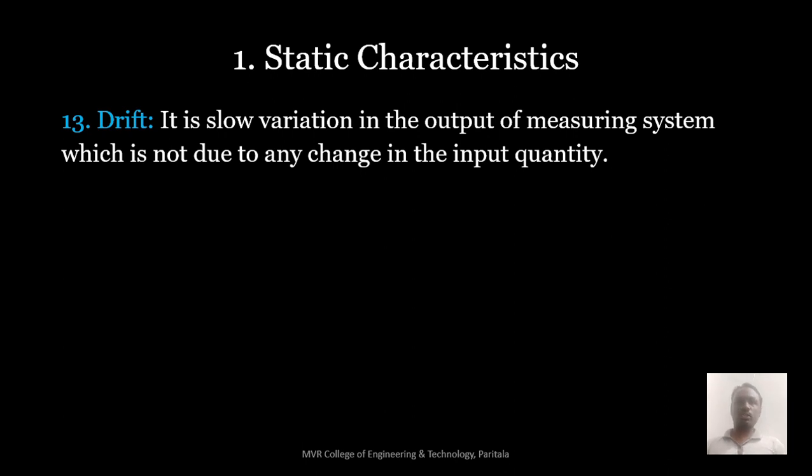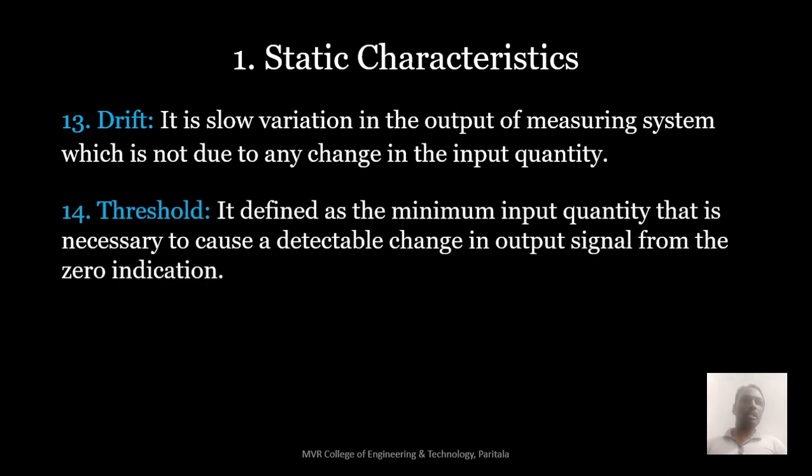Next one is threshold. It is defined as the minimum input quantity that is necessary to cause a detectable change in the output signal from the zero indication. What is meant by threshold? Let us take an analog meter, which is the best example. Let us give some very small voltage, it might not respond.